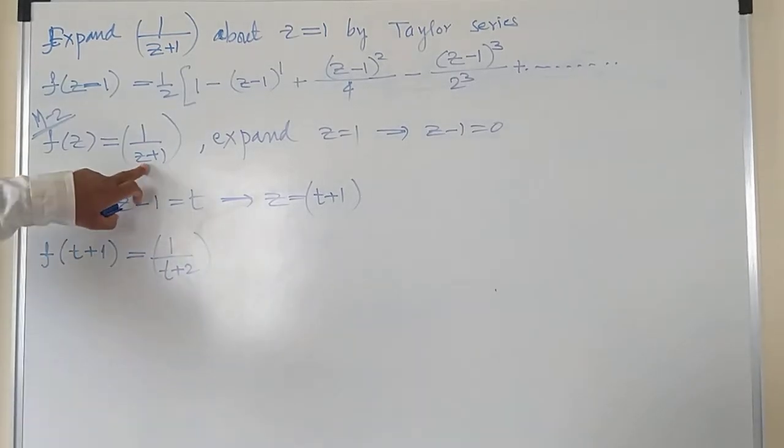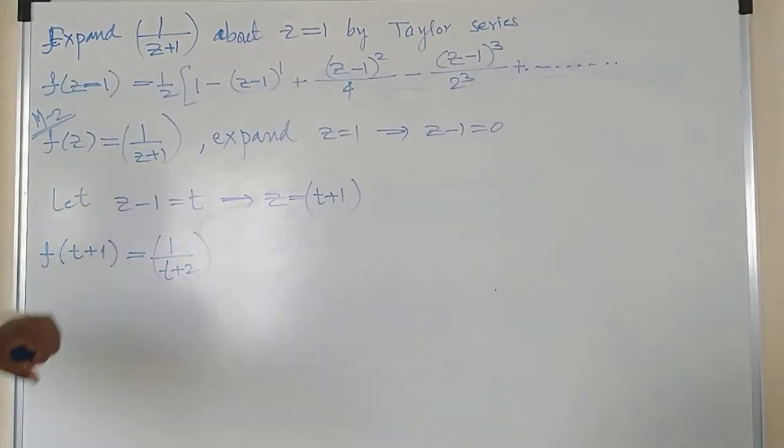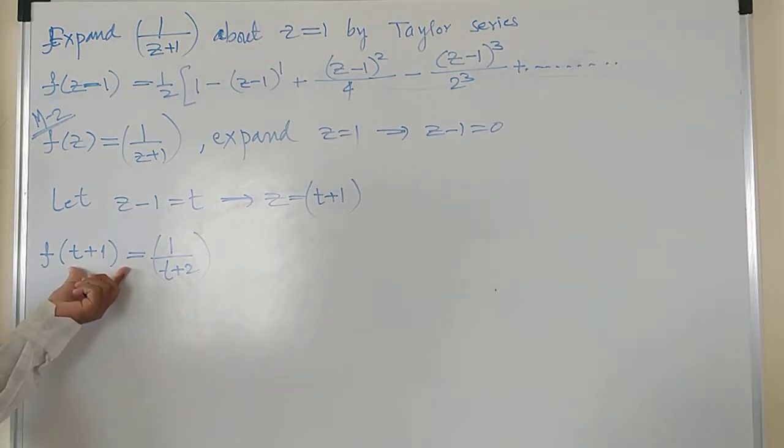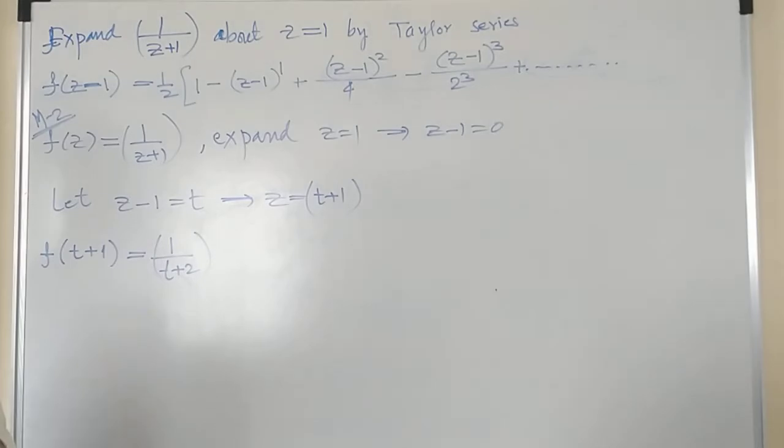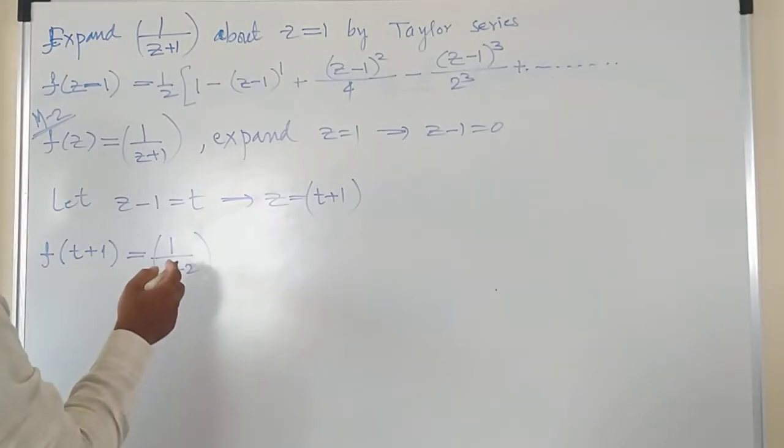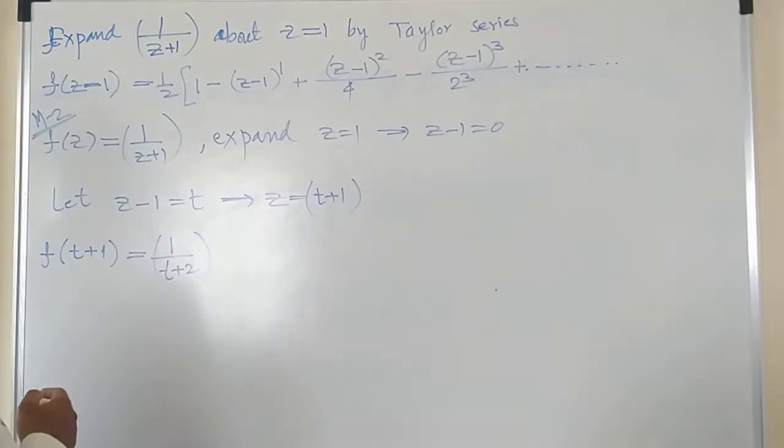As you are putting z equals t plus 1, that means t plus 2, right? Once you got this function, the transformation of a function from z to t, now write this 1 upon t plus 2 in such a way that you will be able to write this in terms of 1 plus x raised to power something, right?